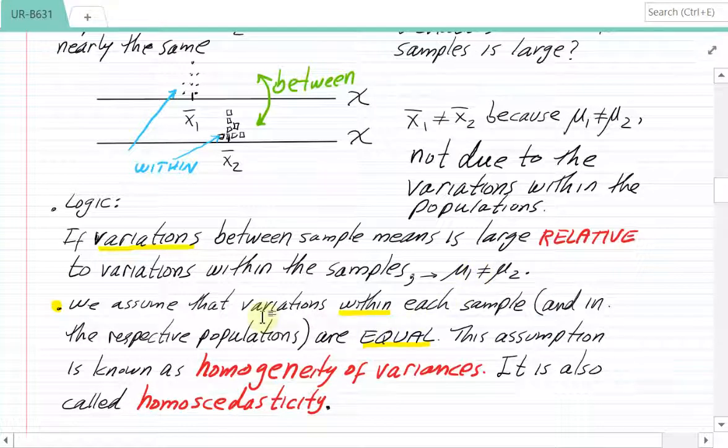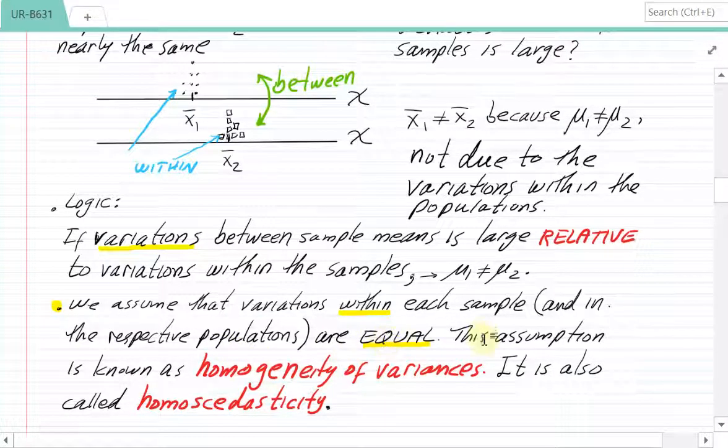Now, for simplicity, otherwise this would be very cumbersome, we assume that the within variability here and within here are exactly equal. Okay, that's a simplifying assumption. So we're going to assume that for each sample, the within variation is the same. And of course, in the population, it's going to be unknown. And if they're the same in the sample, so are they in the populations. What's important is that they are equal.